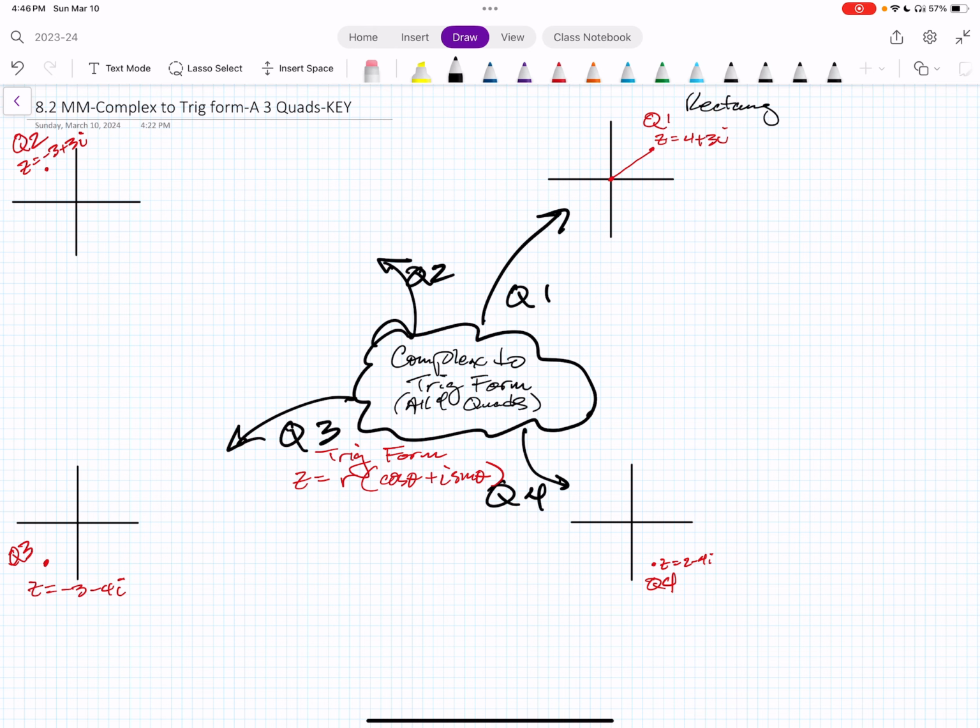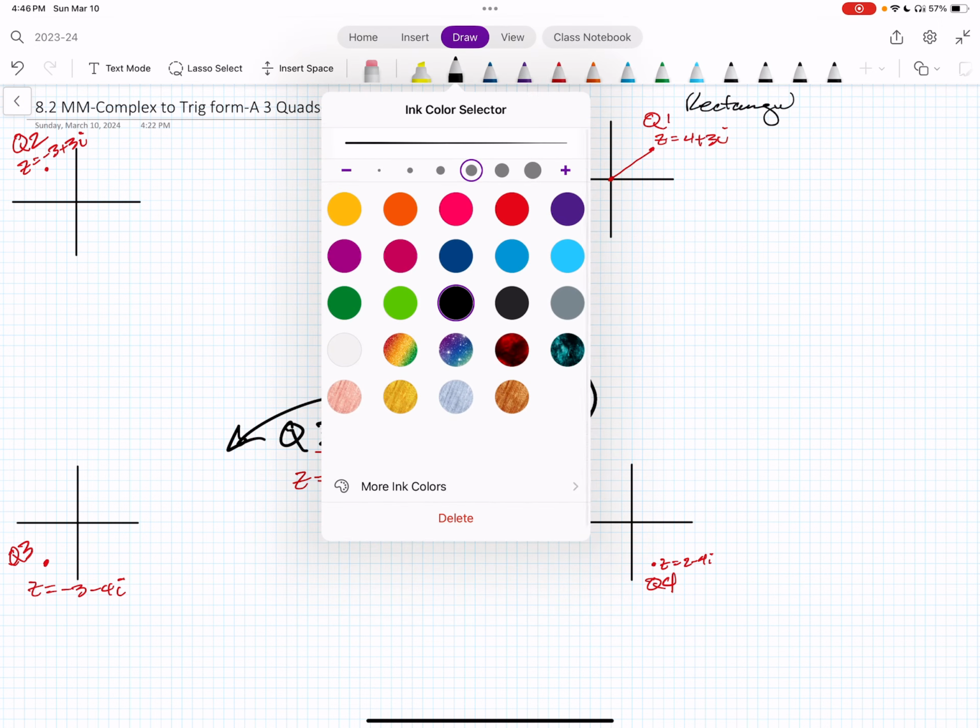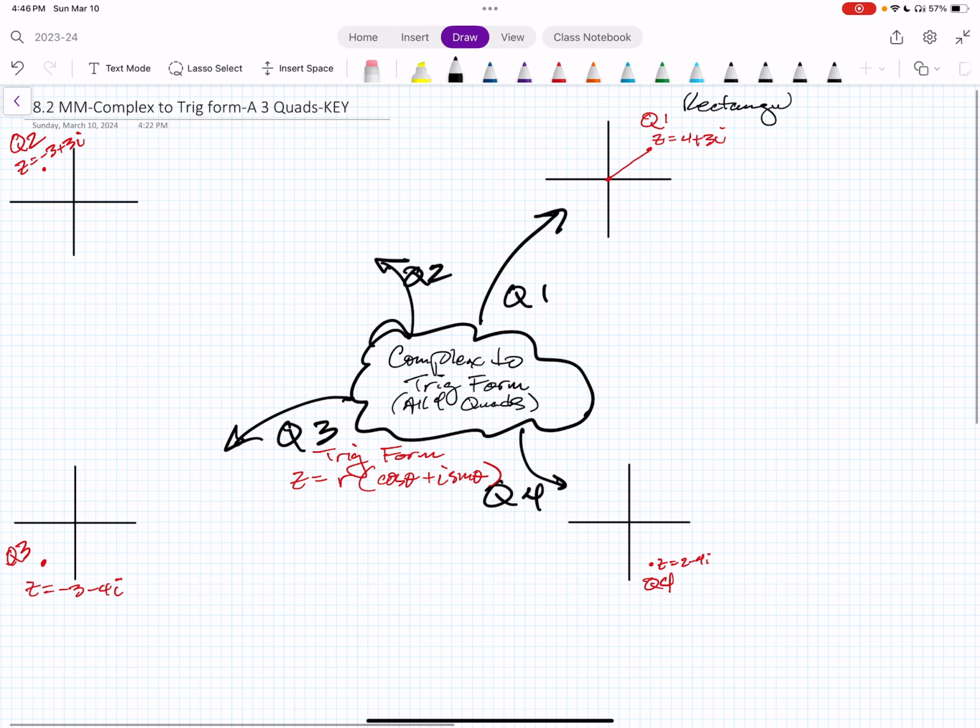We call it rectangular form, a plus bi. Sometimes we refer to that as Cartesian form, from René Descartes. So Cartesian form, rectangular form, a plus bi, you got it.